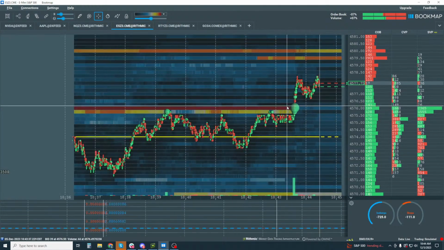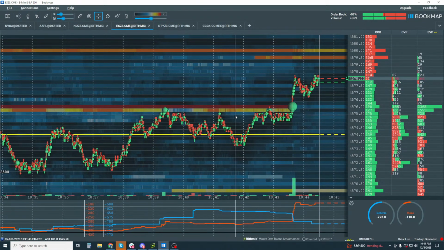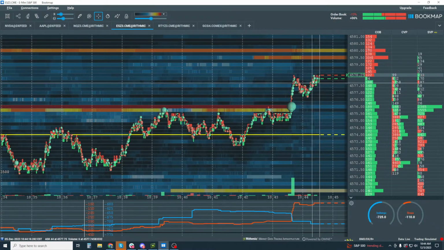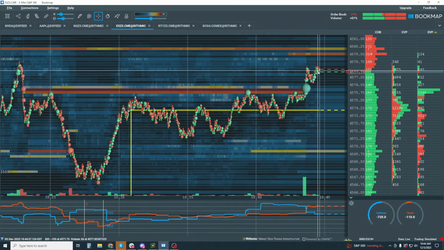Again, what we're looking for is the pulling away from this area here on high volume, and this is it. It may do it, but I'm not tempted. I'm not seeing it.